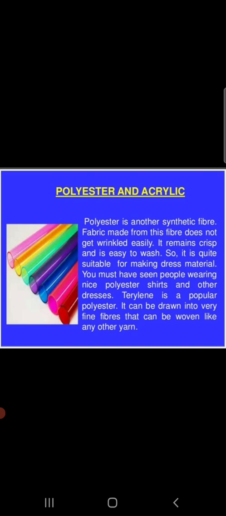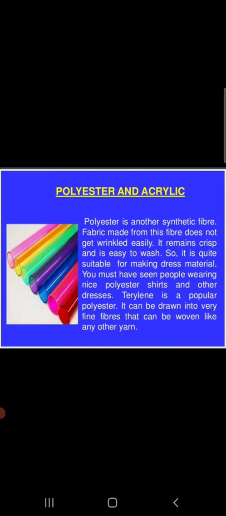Two of the varieties of polyester are Terylene and Dacron. When they are mixed with natural fibers to form a blended fiber, they enhance the property of the new fiber that is made from the mixed fibers.